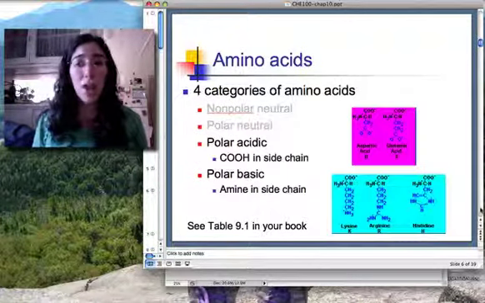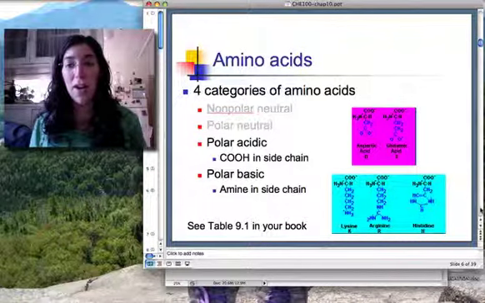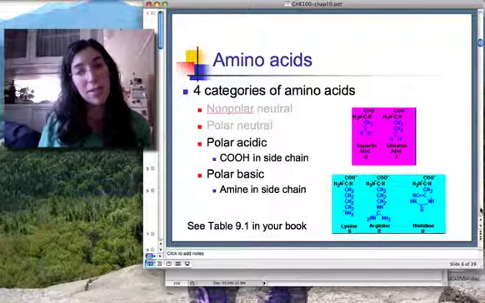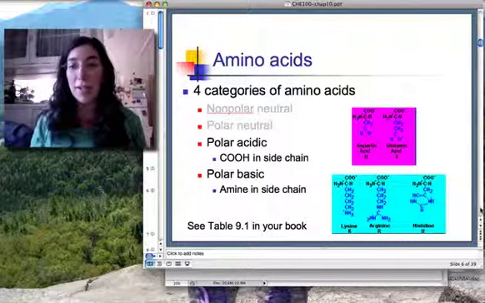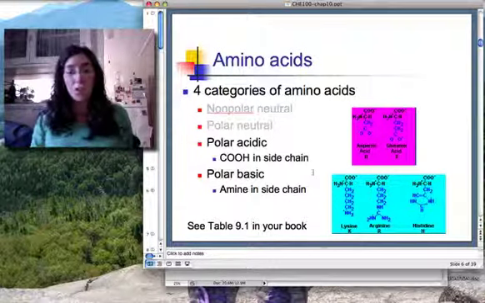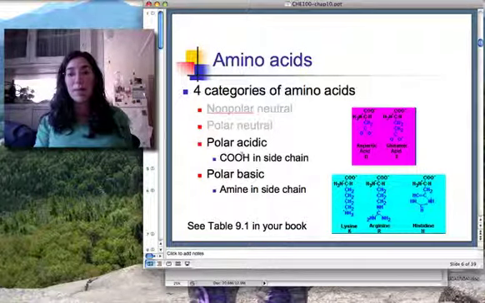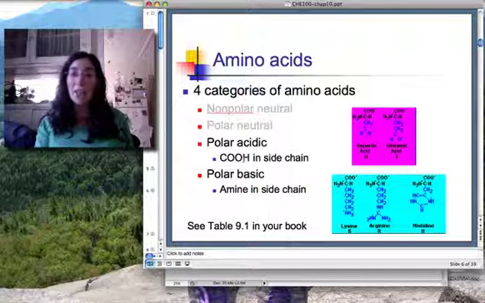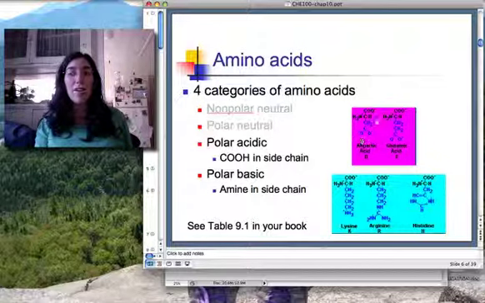And then you have the charged amino acids, which are the polar acidic amino acids and the polar basic amino acids. And they all have a charge. So the polar acidic amino acids have a carboxylic acid group in their side chain, which are usually deprotonated. So here's the carboxylic acid group in aspartic acid and glutamic acid.